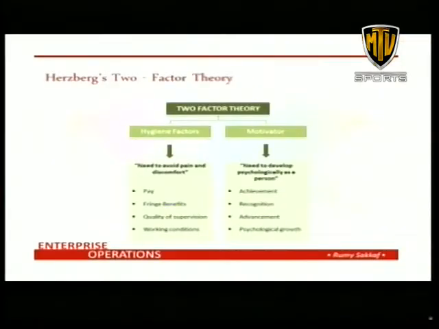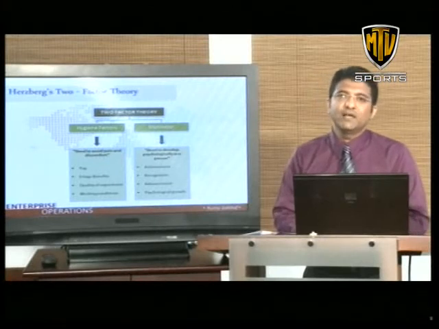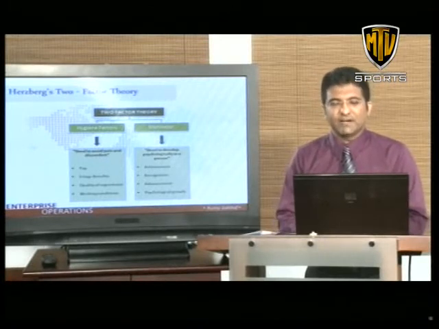Number one is achievement, two is recognition, the next is advancement, and the last is psychological growth. All these elements talk about the psychological impact on human nature or human behavior.